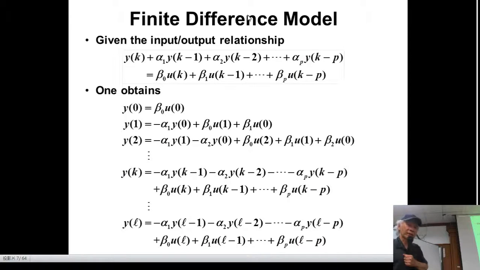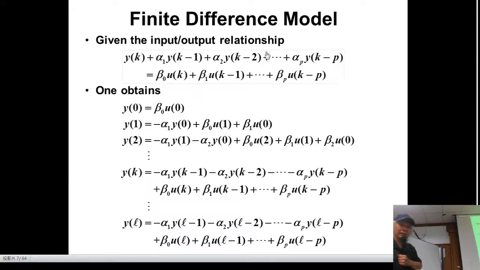Assume that we have an input-output relationship that relates the output at k minus 1, k minus 2 to k minus p to the input at k minus 1 to k minus p. This is what we call a finite difference model.